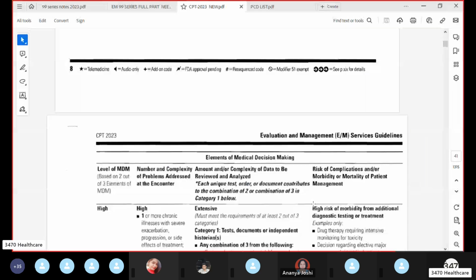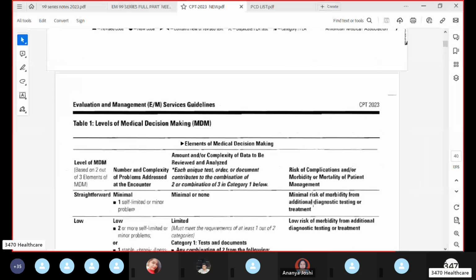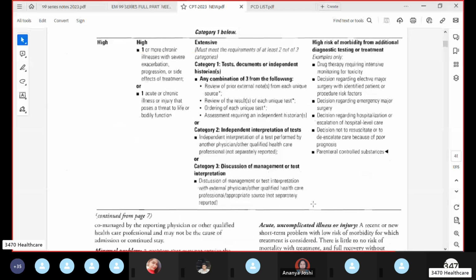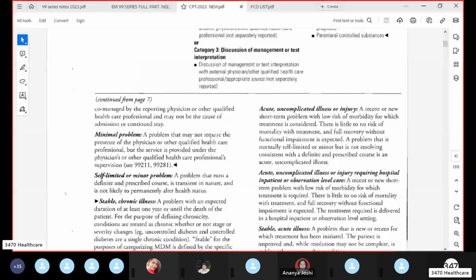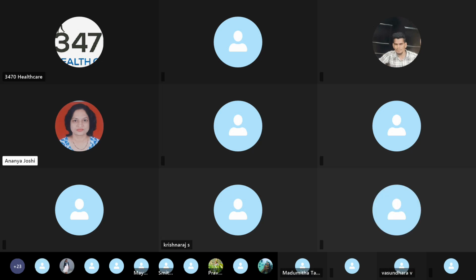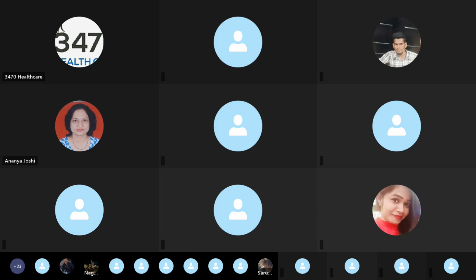Okay. So please go through these points. Straightforward, low, moderate, high points based on the A table, B table, and risk table. Is this PCD list in the book? No, it's not present.